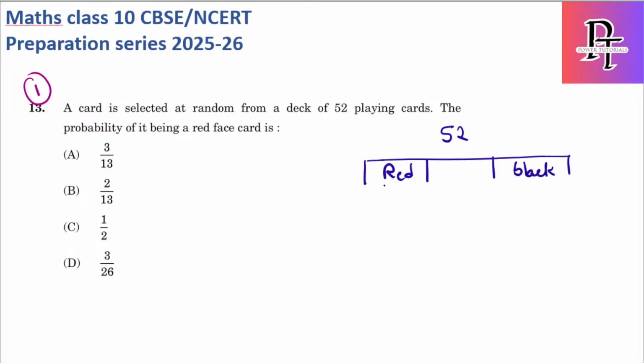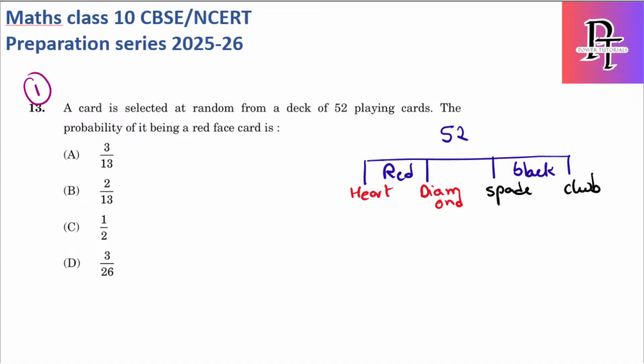The red cards are heart and diamond, whereas spade and club are black cards.